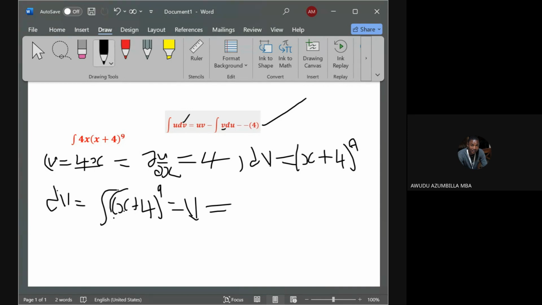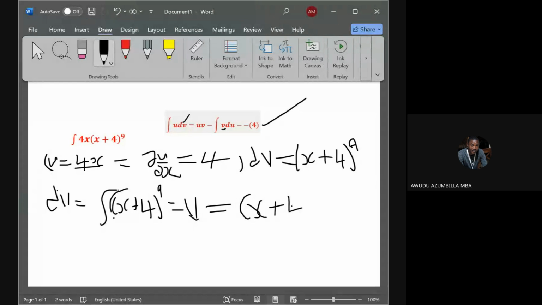So when integrating, you add 1 to the exponent and divide by the new exponent. You are going to get the same function.